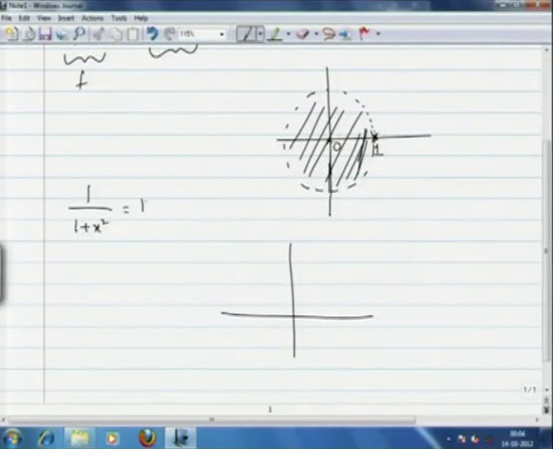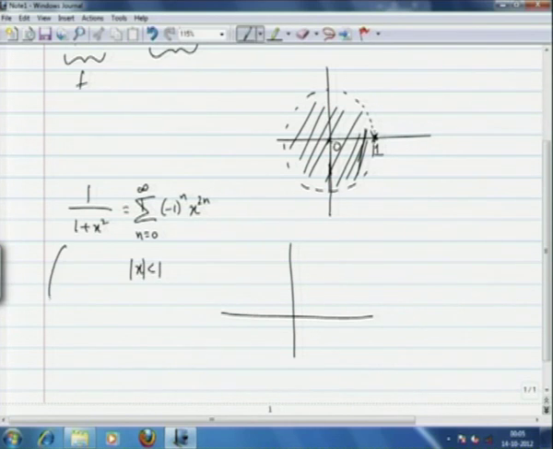Okay. So, in the case of real numbers, it is not immediately clear why that happens. The Taylor expansion, by the way, is sigma n equals 0 through infinity minus 1 power n x power 2n. Okay. And this is valid for modulus of x less than 1.